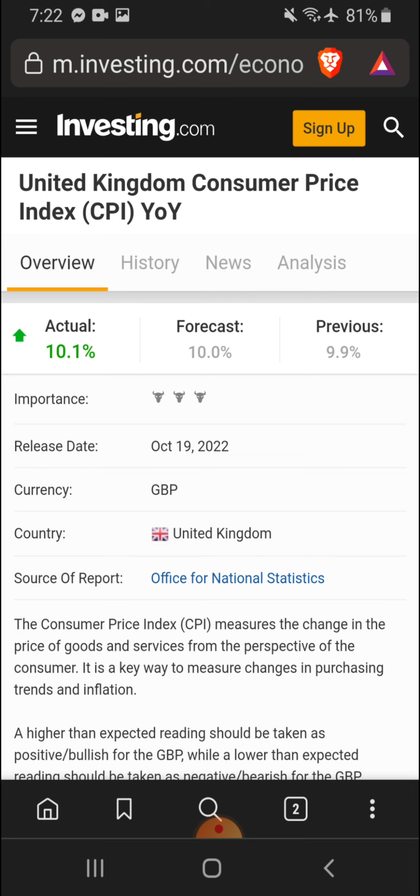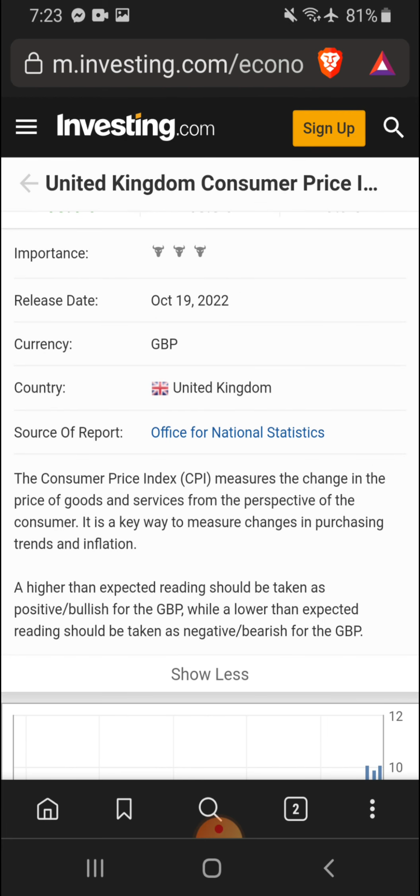Usually higher inflation is better for the currency, and it's weak for the stock market. So probably the FTSE, the UK 100 index, and whatever is related to Great Britain, those probably had a decline today. So that's what happened there.